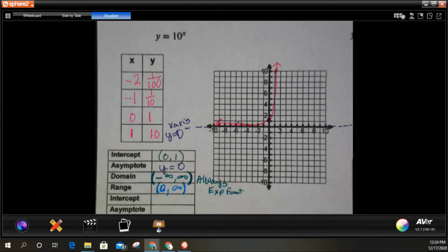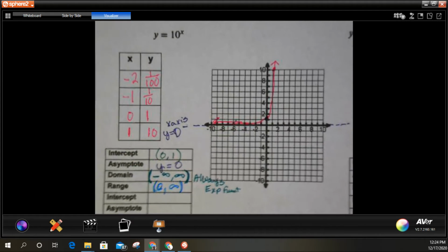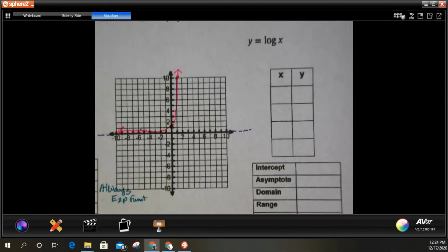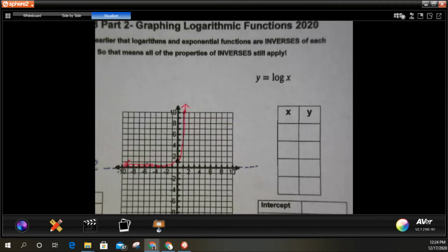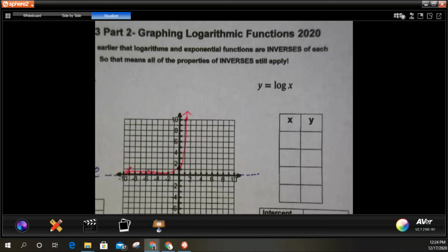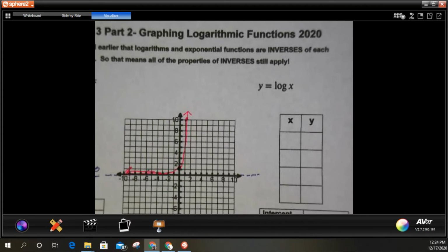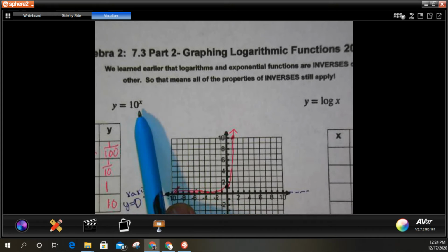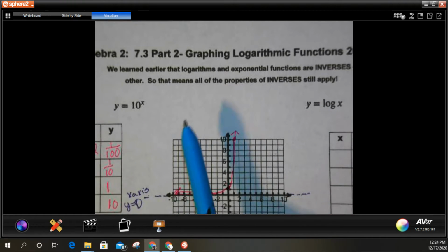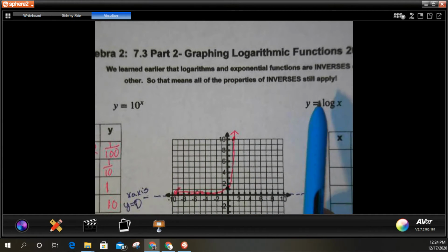Now, this unit starts by graphing logarithmic functions. These two functions here, the exponential function y equals 10 to the x, and this function, y equals log.